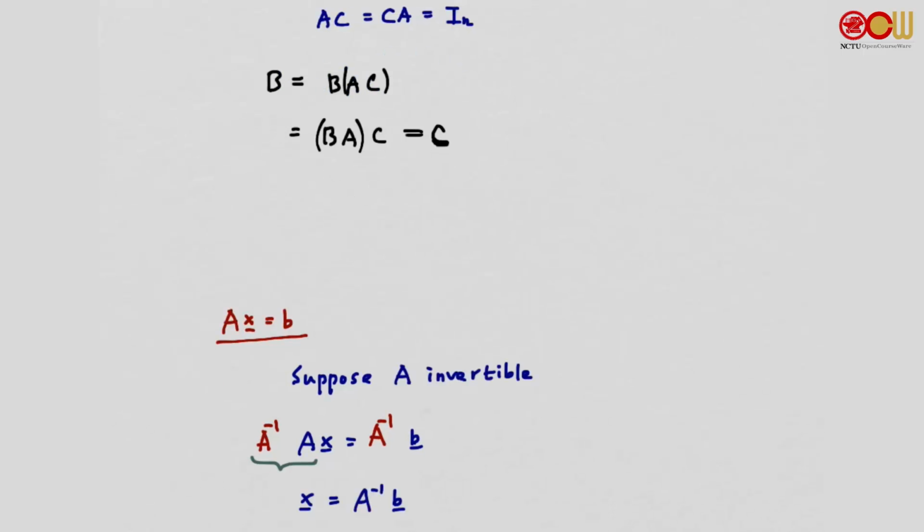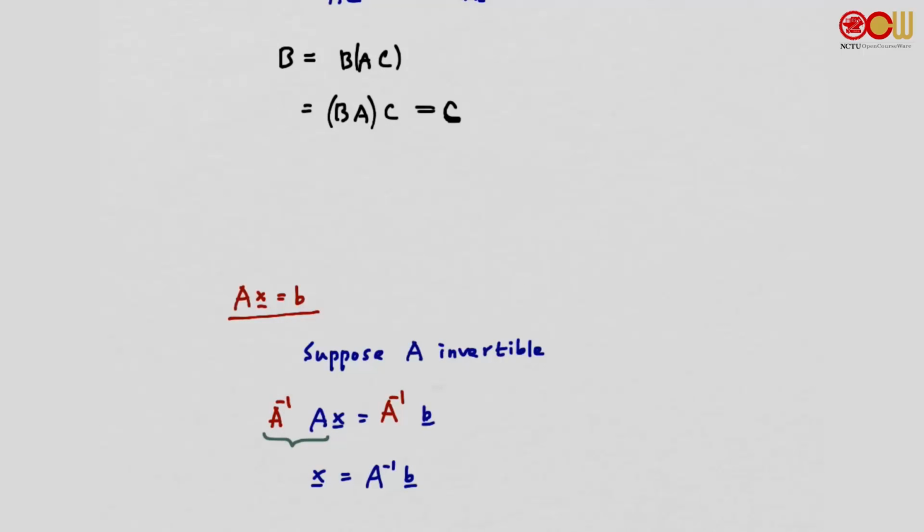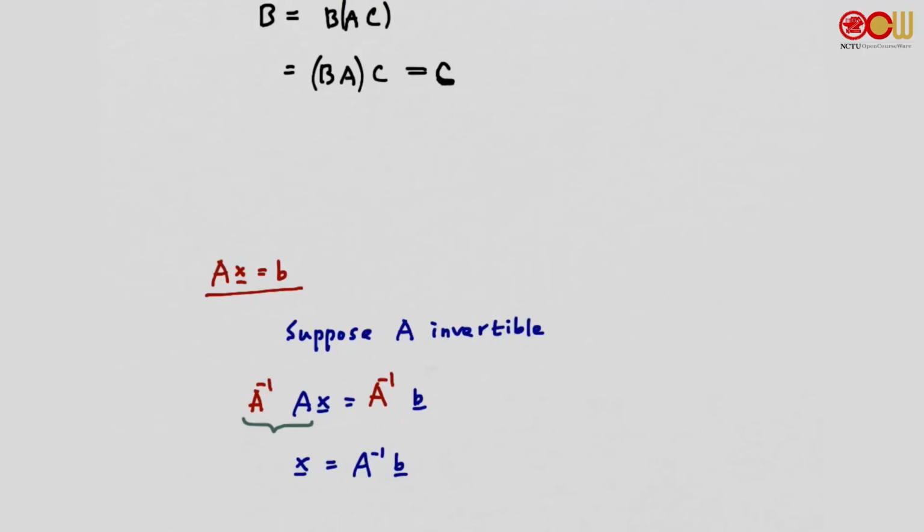So in the end, we have X on the left-hand side and A inverse B on the right-hand side. What can we say about the solution? We have found one solution. A inverse B must be a solution. And how about uniqueness? There's only one solution, A inverse B. So A inverse B is the unique solution to AX equal to B.